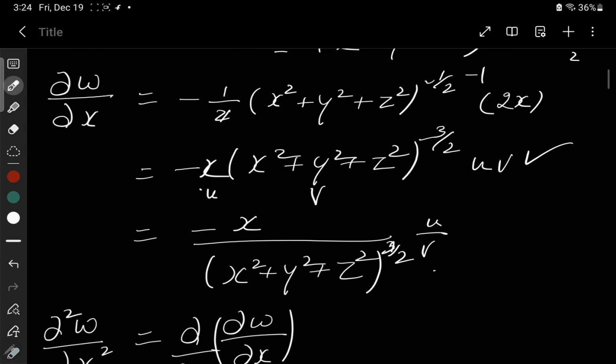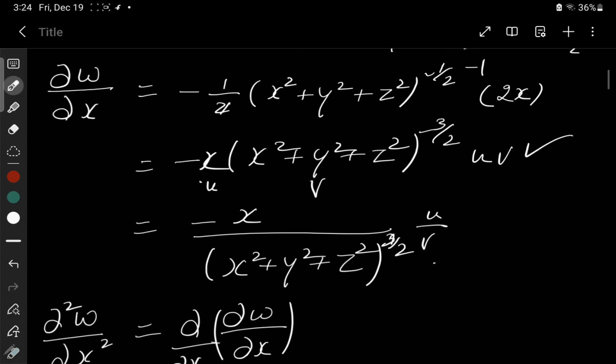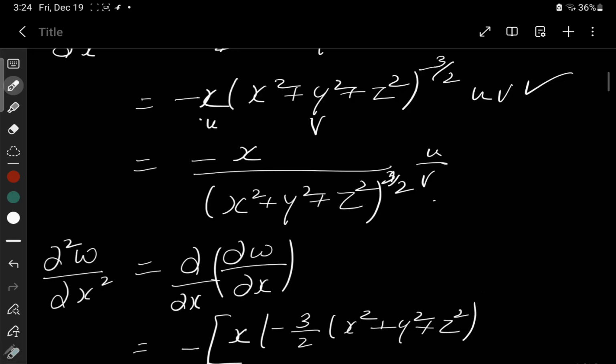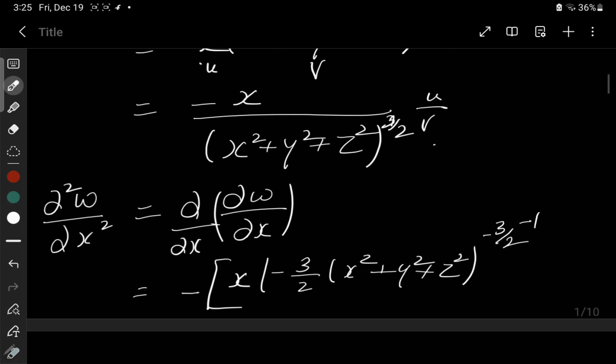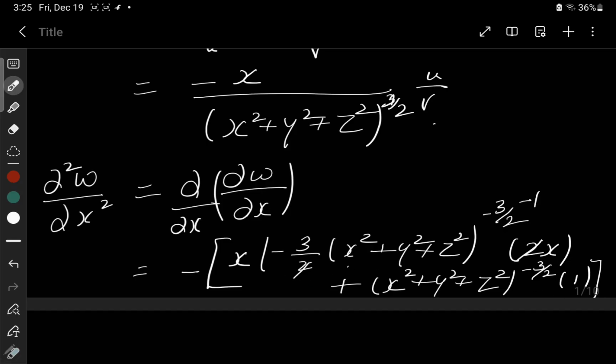So 3 by 2 comes in front, minus 3 by 2 times x square plus y square plus z square, then the whole power minus 3 by 2 minus 1, minus 5 by 2, times 2x, plus x square plus y square plus z square whole power minus 3 by 2 times the derivative of x, that is 1. 2 cancels here.